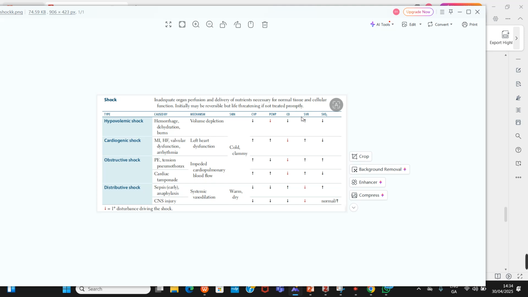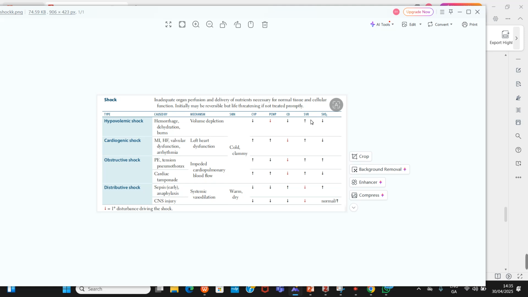And this is mediated by the sympathetic drive that is increased. So in any pathology where the sympathetic drive is affected, for example, somebody with neurogenic shock from CNS injury, you don't expect an increase in the sympathetic response, and you don't expect an increase in the systemic vascular resistance. Very, very important.